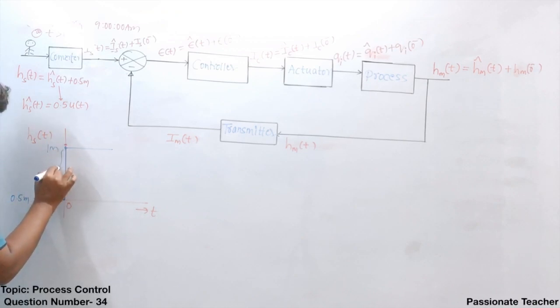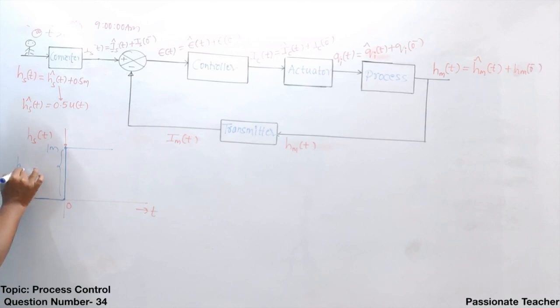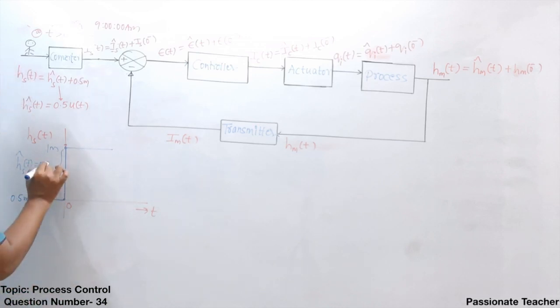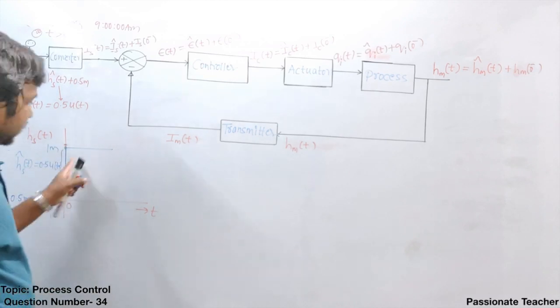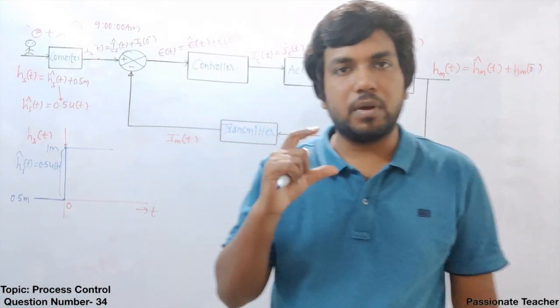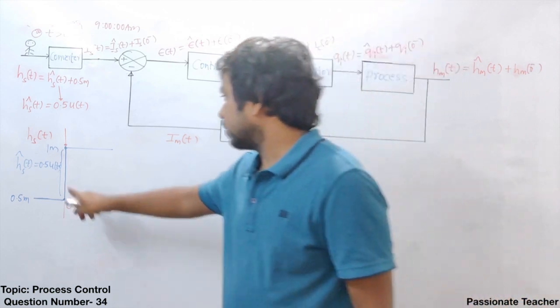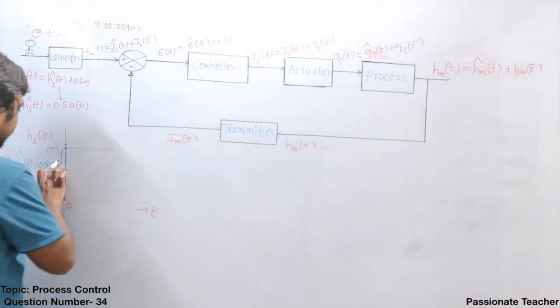And this gap is going to be called Hs cap of t, which is equal to 0.5 times u of t. This gap, clear? This gap, that means the step height, is going to be 0.5 u of t.